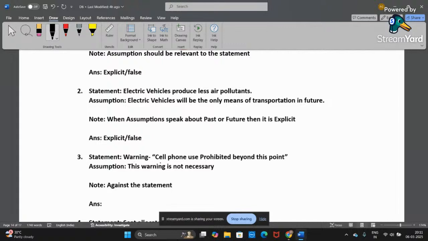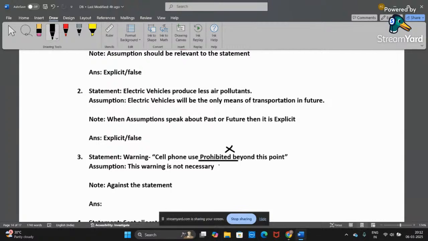Next statement: warning, cell phone use prohibited beyond this point. This warning is not necessary. See, here they are using the word prohibited, right? That means they're telling that using a cell phone is not prohibited at some point. But here in the assumption, they're against the condition, right?